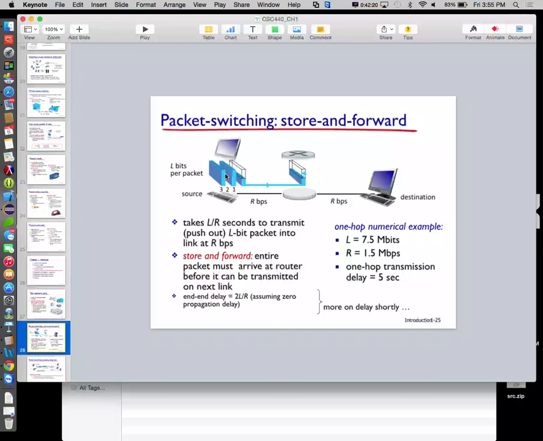By our original real-life example, if the letter gets lost and doesn't get there, we have to be notified all the way back at the beginning that we have to resend the letter. But what if at every single router, every single post office, or at some strategic post offices, the letter was duplicated? They made a copy of the letter and then sent it on.